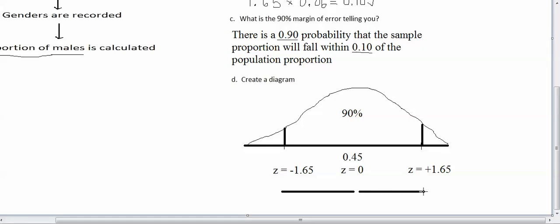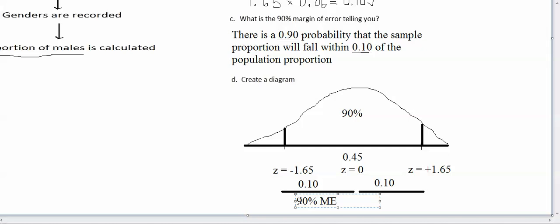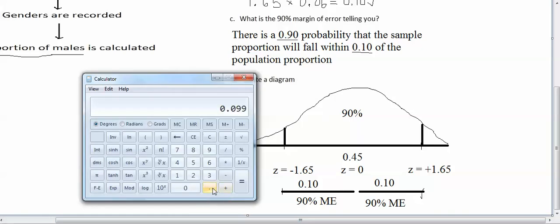The margin of error came out to 0.10. So this distance is 0.10. This distance is 0.10. Let's label that it's the 90% margin of error. 0.45 minus 0.10 is 0.35.